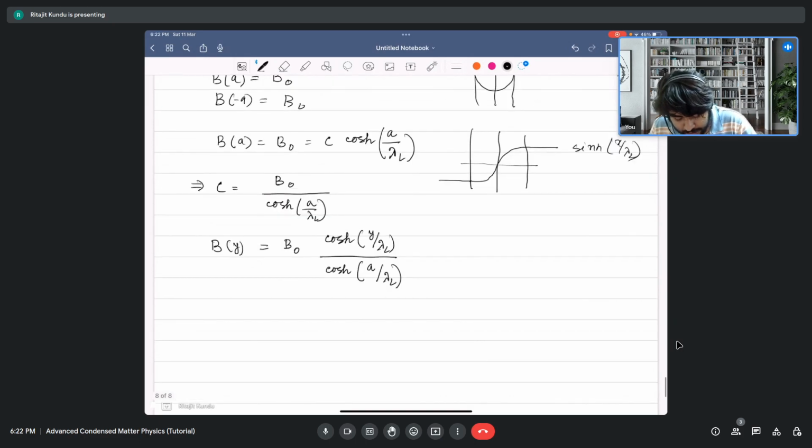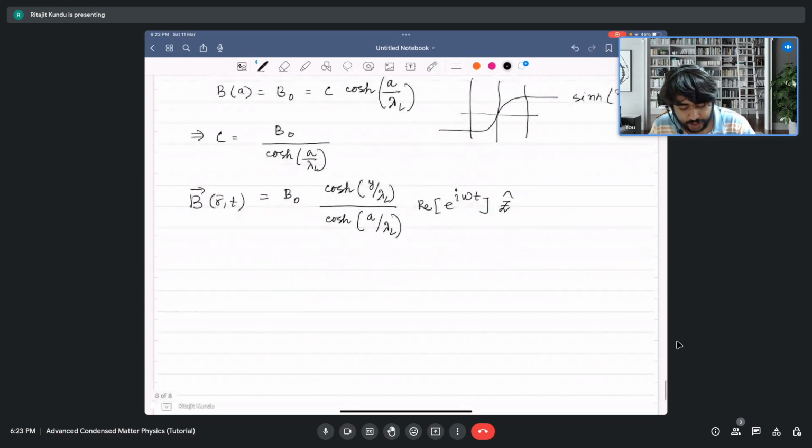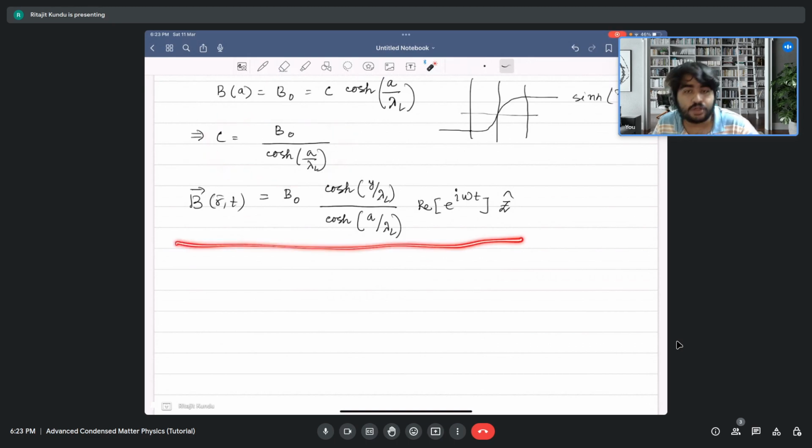Let me write the full solution with all of the vectors. So the B vector has this oscillatory part e to the power i omega t, and it is in the z direction. You see that when y is equal to a, it just becomes B naught, because that's how we have chosen this coefficient. So this is actually a good solution.